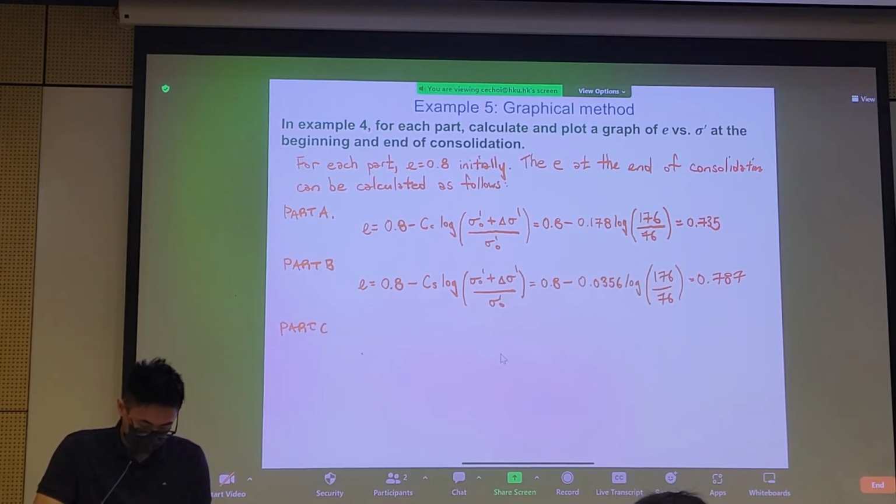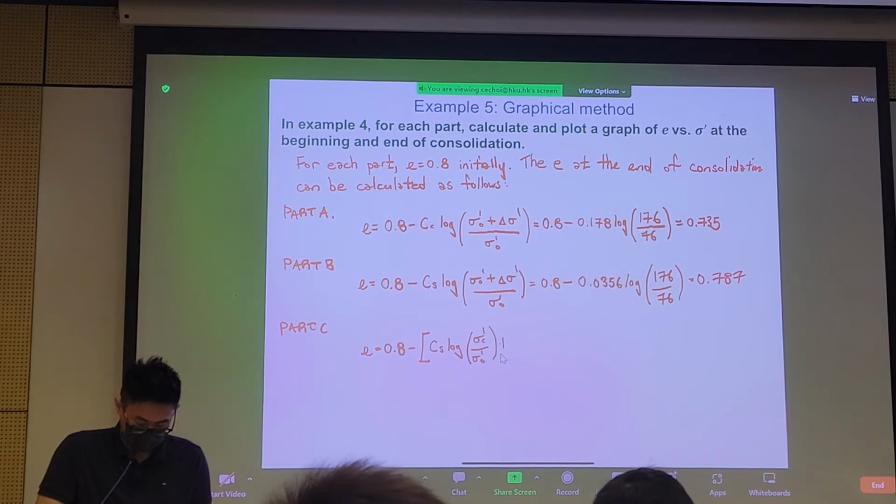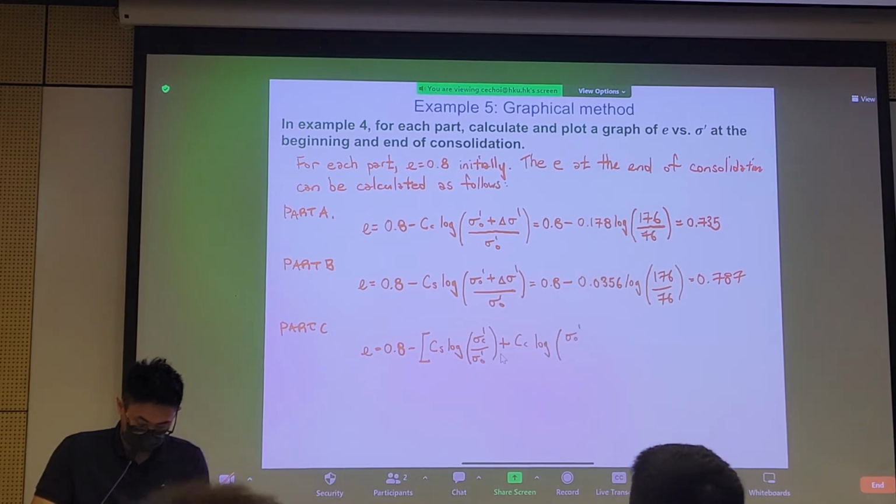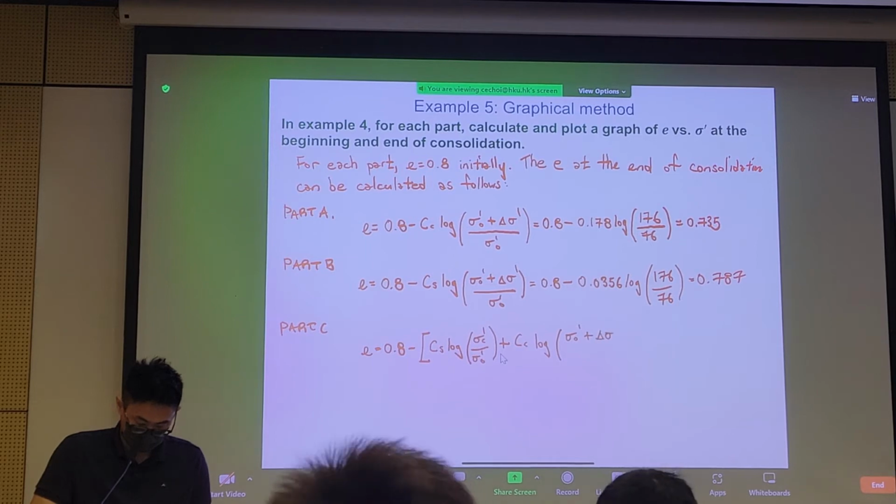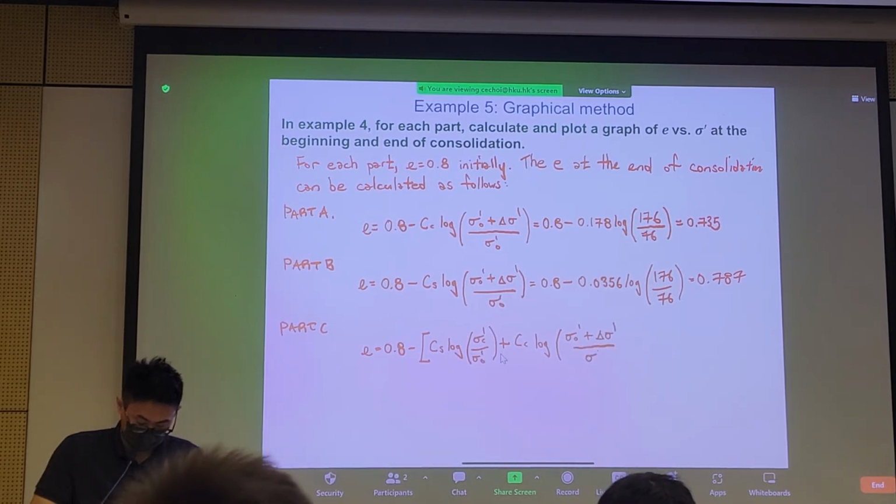Likewise, for part C, we need to find the void ratio at the end of consolidation and solve for it.